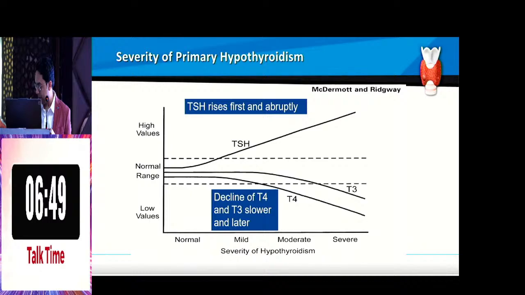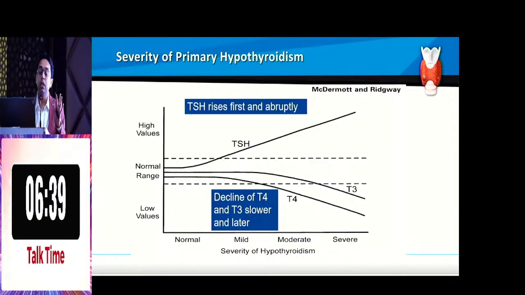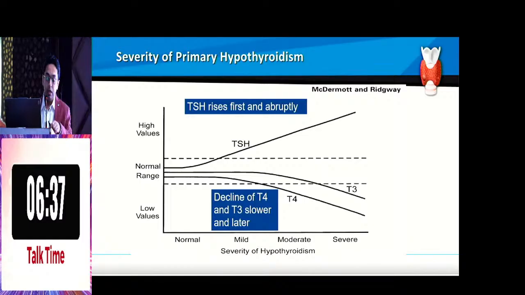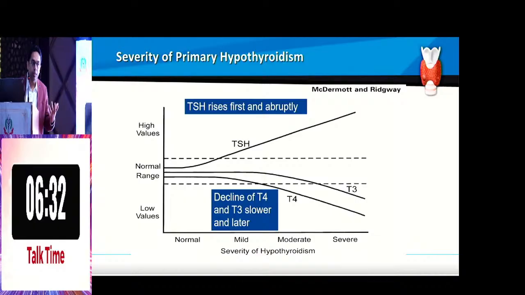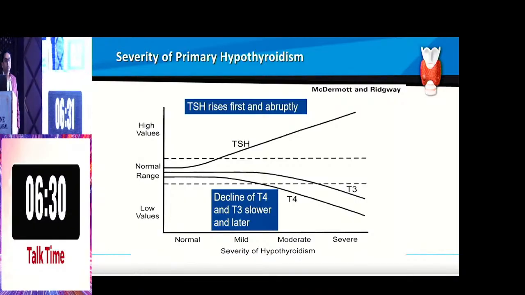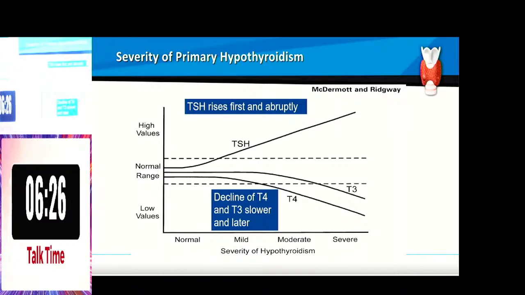So this is again very important. TSH is rising even before your T3, T4 goes down below the normal range. So this is the physiological change, the compensatory mechanism, right? Your brain, your pituitary gives a signal to the thyroid that you have to increase the hormone. So this diagram is really important to understand the basic concept of T3, T4, TSH.